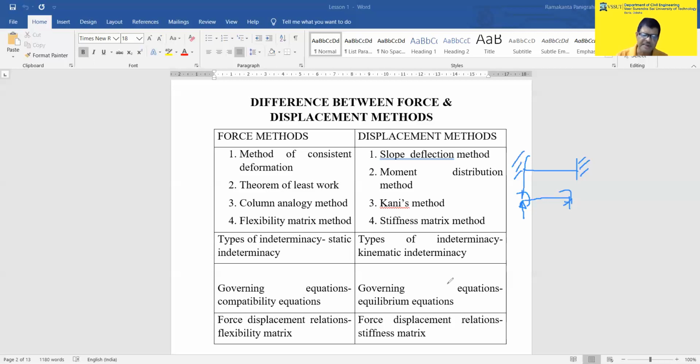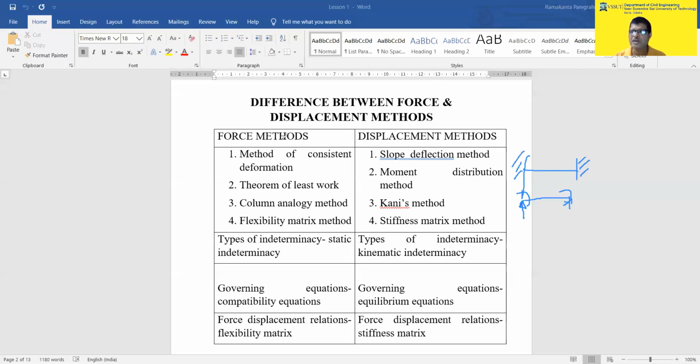Now, if you represent the force displacement relationship in terms of a matrix, that is called a flexibility matrix. And in case of the displacement relationship, it becomes a stiffness matrix. So the stiffness matrix comes under the displacement method, and the flexibility matrix comes under the force method. So categorically, you can write these equations.